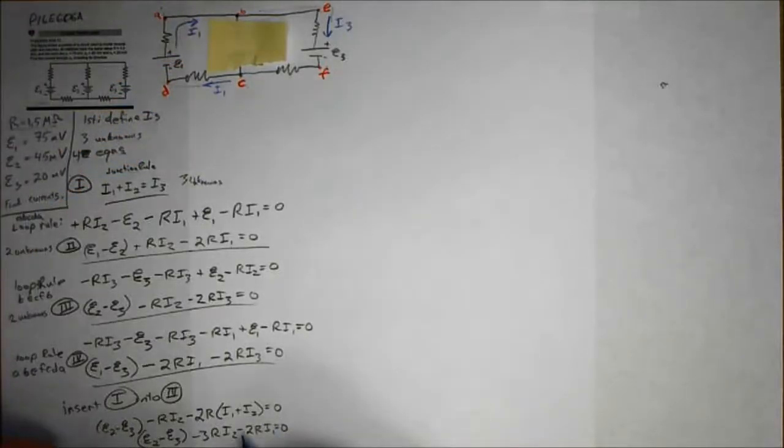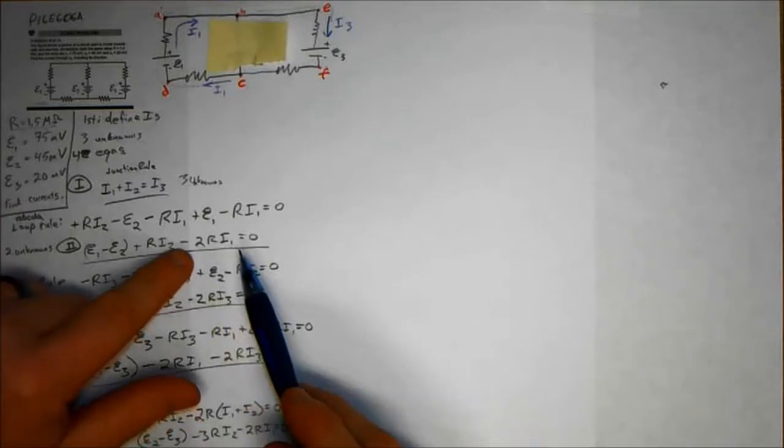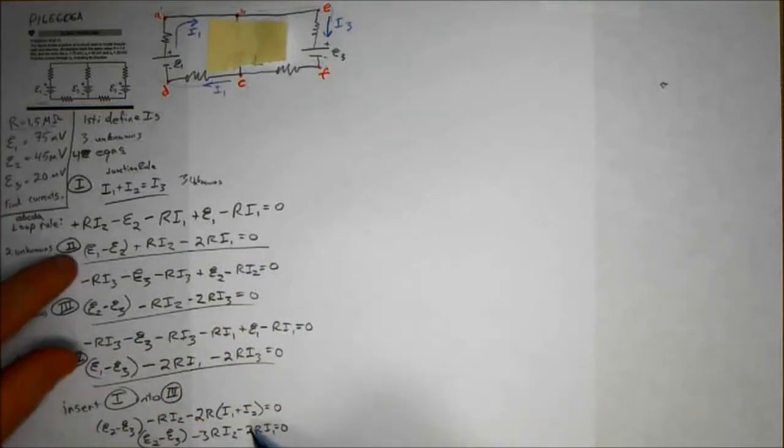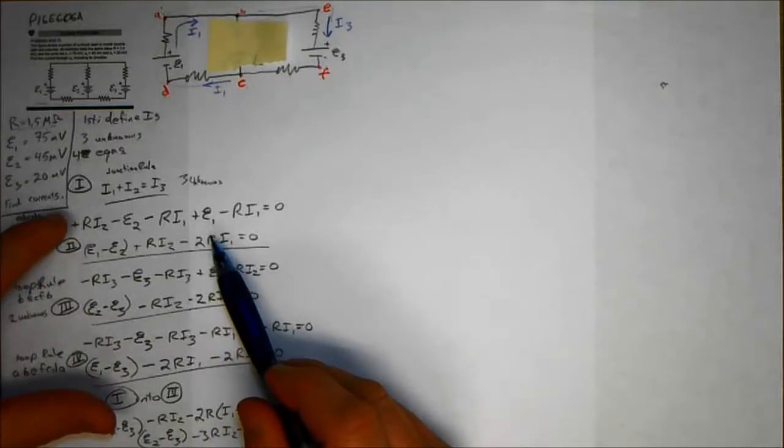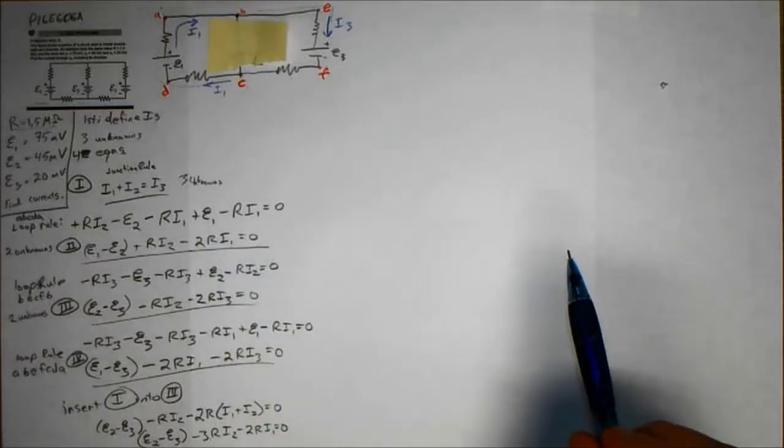So do I notice anything like that? Minus 2R I1, minus 2R I1, so I can combine this equation 3 that I have to rearrange down here and add that to equation 2.